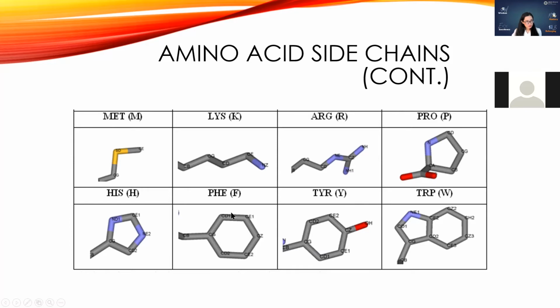And phenylalanine, tyrosine, and tryptophan are aromatic residues. They have a six-membered ring, and the electrons can be delocalized. They can form pi-pi stacking interaction, that is pi electron and pi electron stacking, like two wheels that stack together.